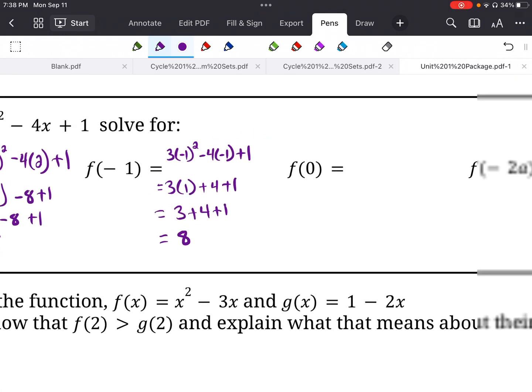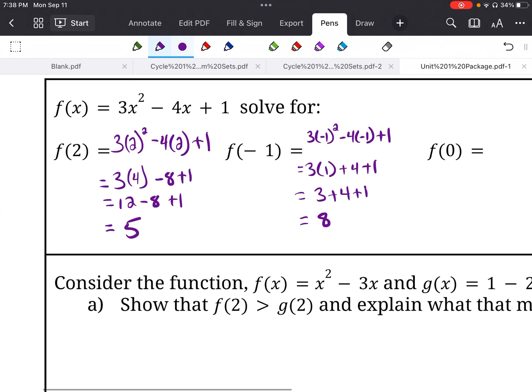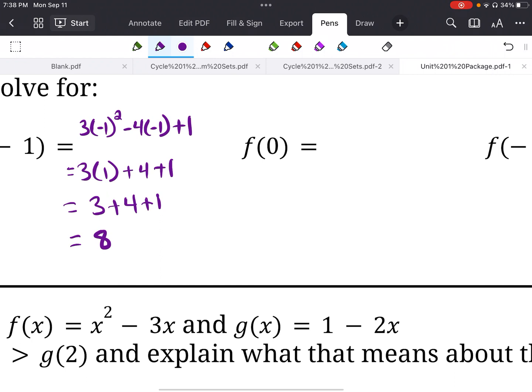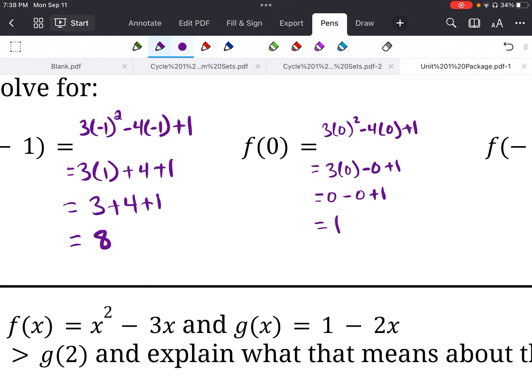Okay, when x is 0, if we remember quadratics from last year, we know that the y-intercept is just the c value of the equation, or the only number that does not have the variable with it. So your answer will be 1, but let's plug it in just to make sure. We get 3 times 0 minus 0 plus 1, so 0 minus 0 plus 1 equals 1.